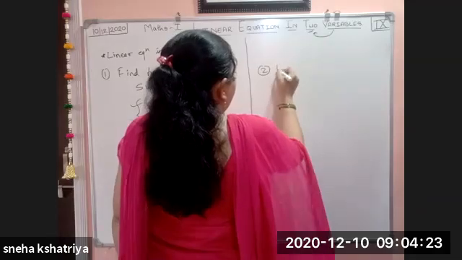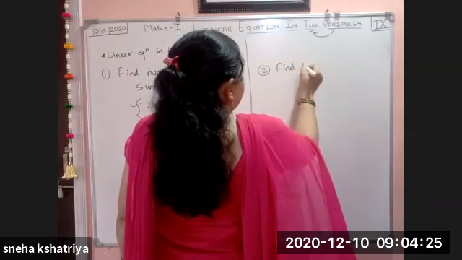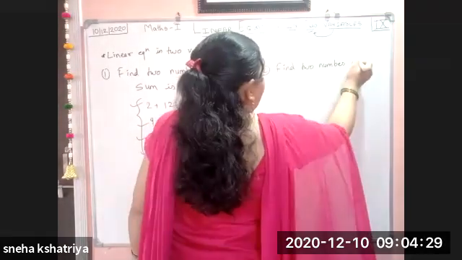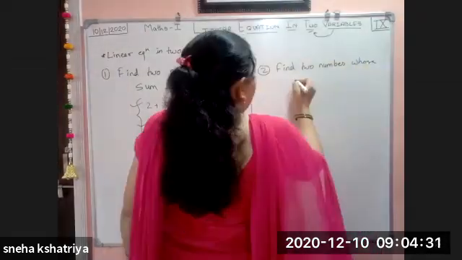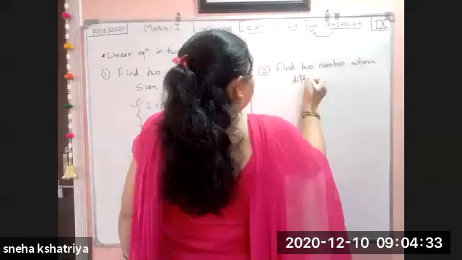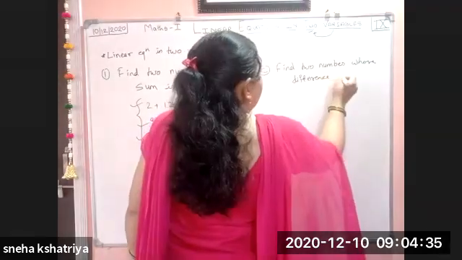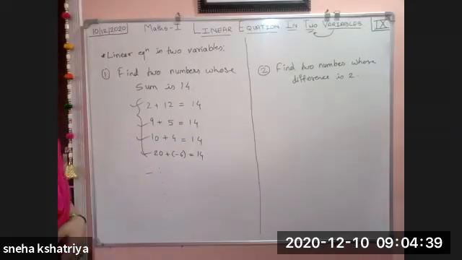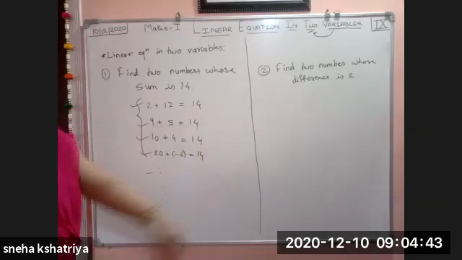The second one is given: find two numbers whose difference is 2. So we can again have such numbers. We can guess many numbers whose difference is 2.